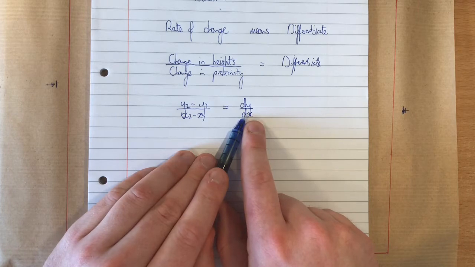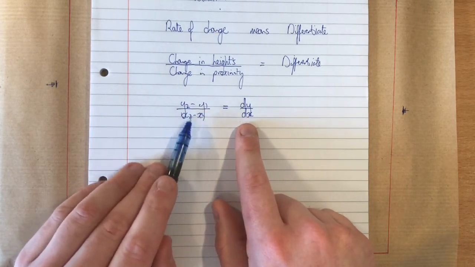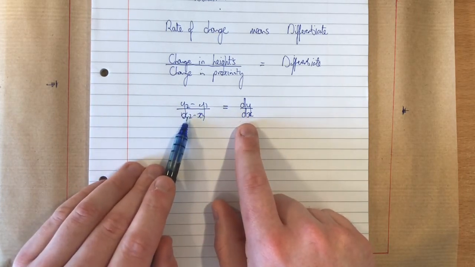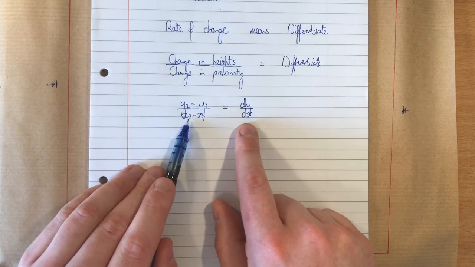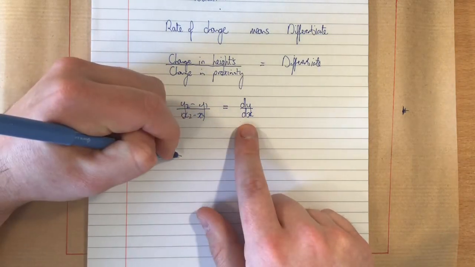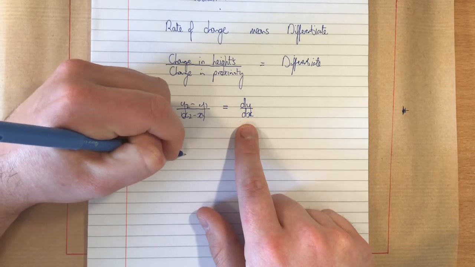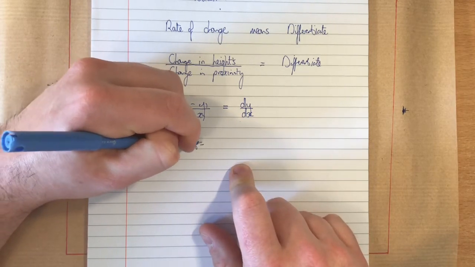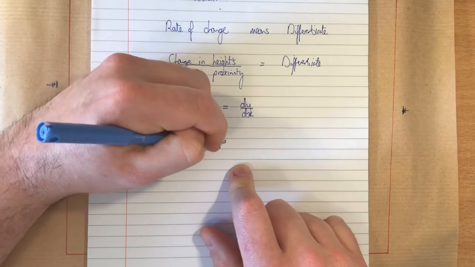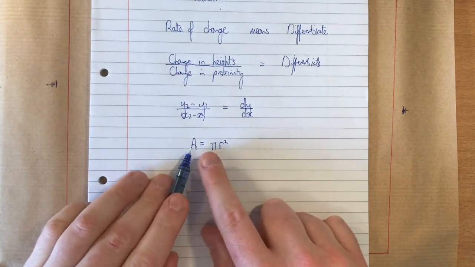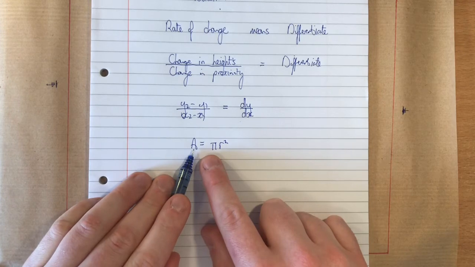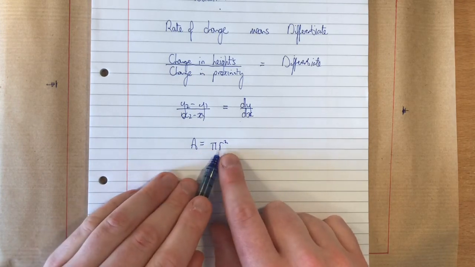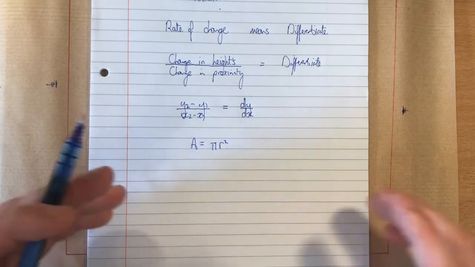Now, that makes sense when we have y's and x's, but sometimes we may not have y's and x's. We might have, let's say, area is equal to pi r squared. When we have that, let's see what happens to the circle as we make the radius bigger.